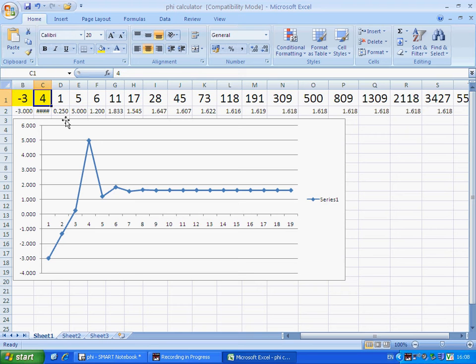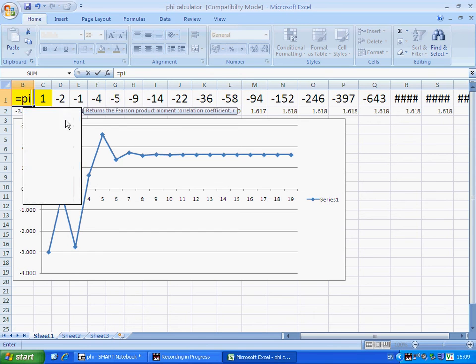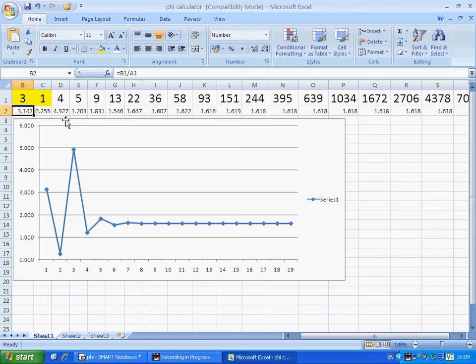Still not convinced? Let's try 0.8. It happens again. Not good enough for you? Okay, let's try pi at the beginning. And again, the golden ratio appears again.